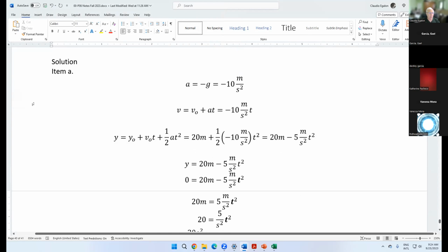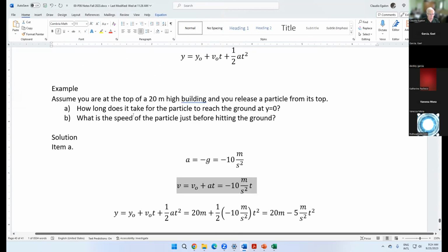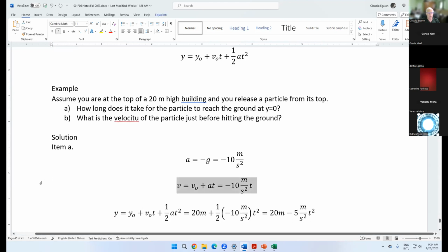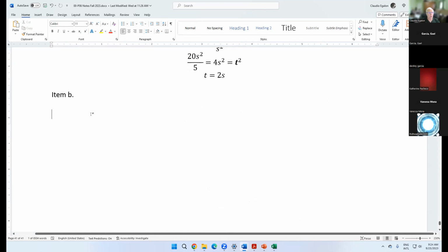In order to find that, we have to use this equation here. Even better, what is the velocity, right? Velocity of the particle just before hitting the ground, use this equation here. It's 2 seconds, right?